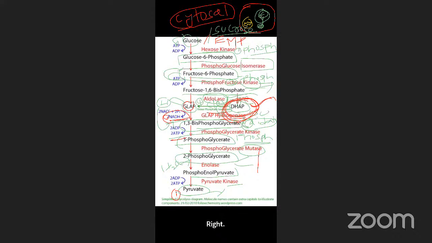In aerobic respiration, what is the next stage? Krebs cycle, sir. Before the Krebs cycle, there is another step. Oxidative decarboxylation, sir. Pyruvate decarboxylation.